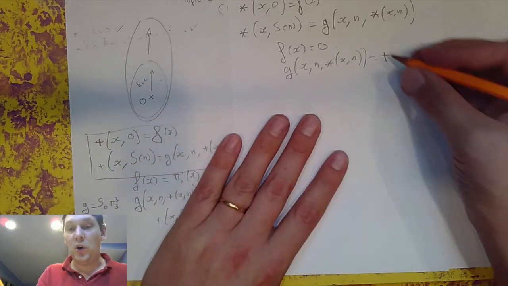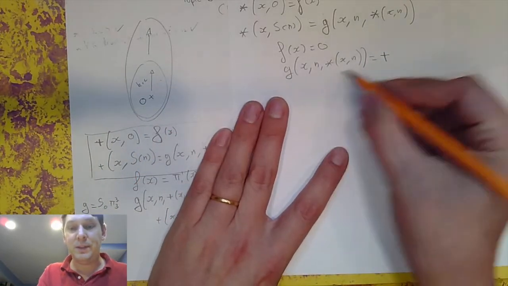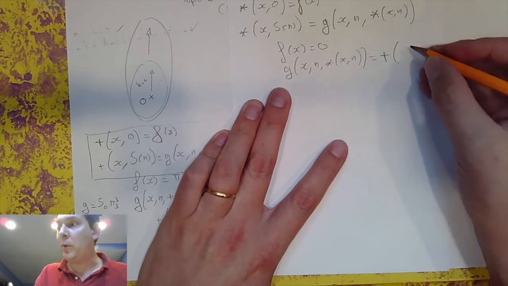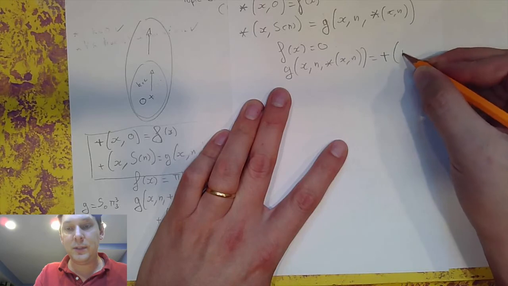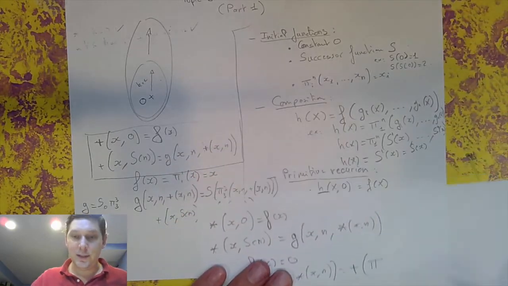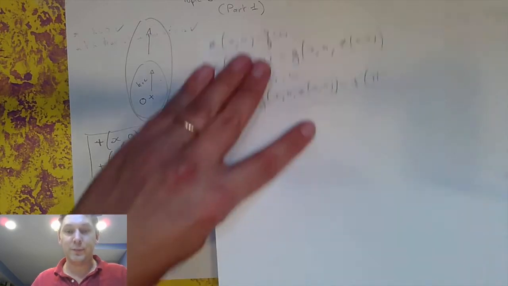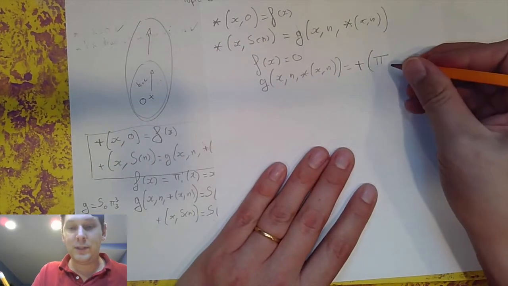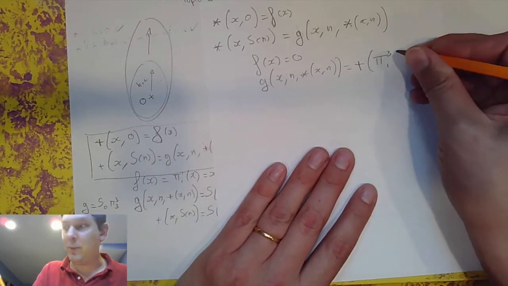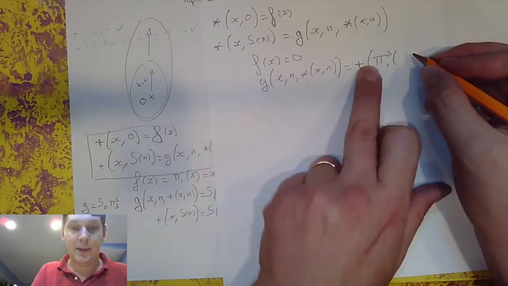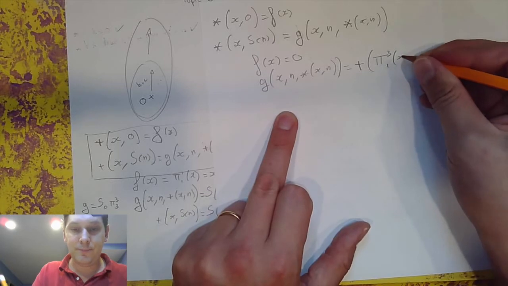Inductively. So g is going to be defined by plus that is going to be composed with 2 arguments, which I can do, right? I can do composition, multiple arguments composition. That's part of my definition. One is going to be p13 of my arguments here.